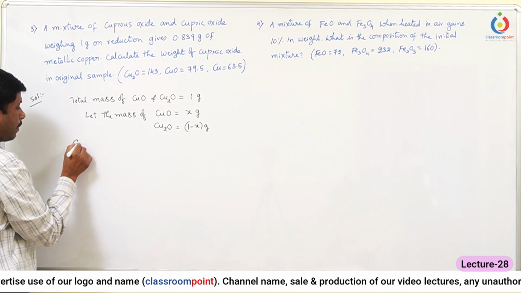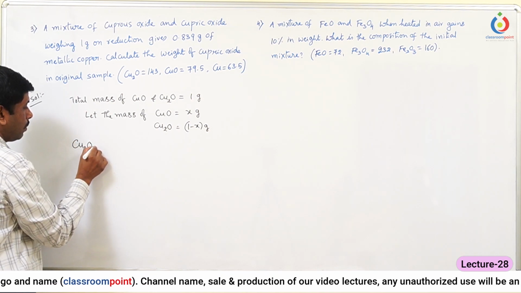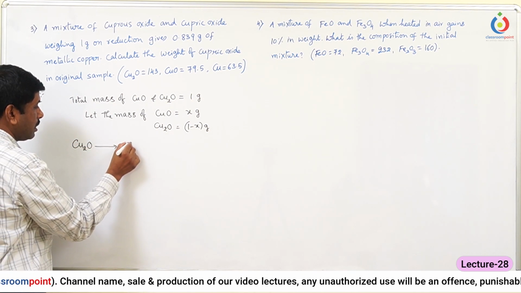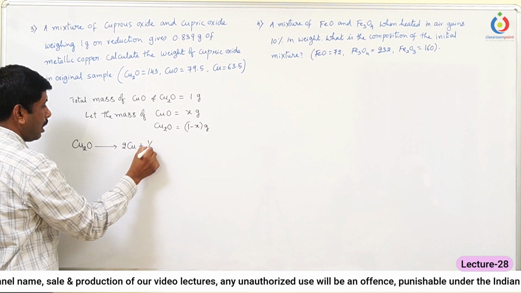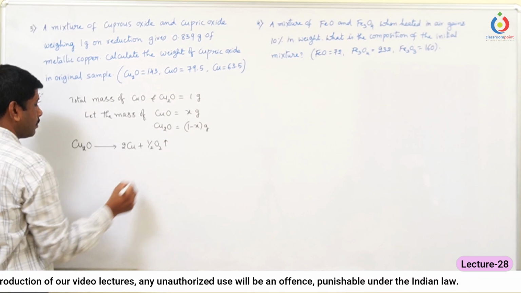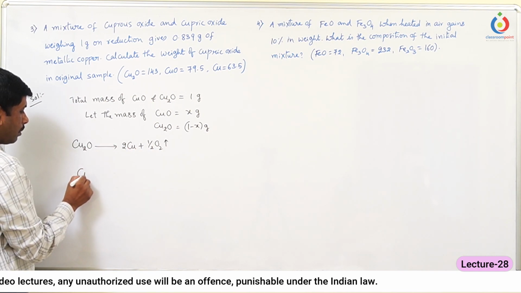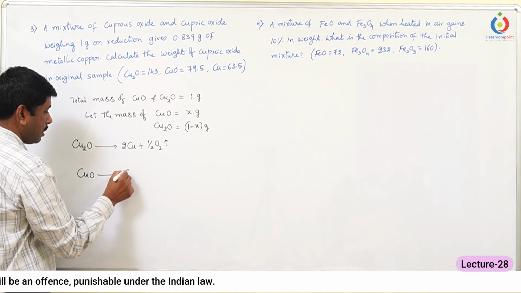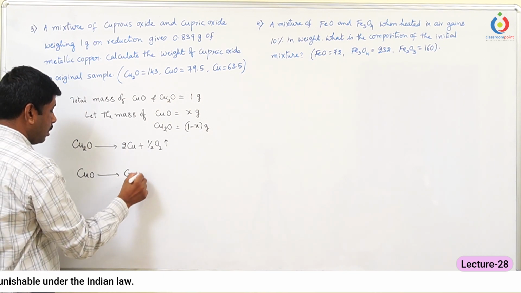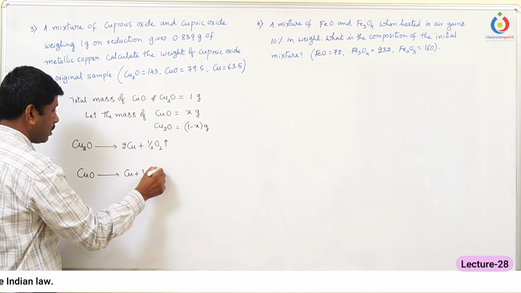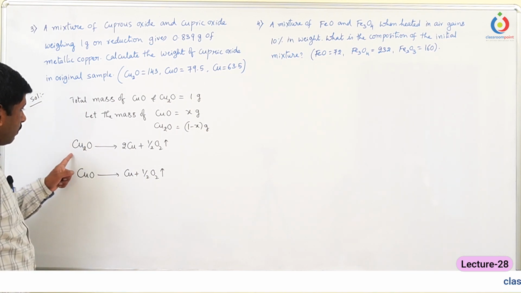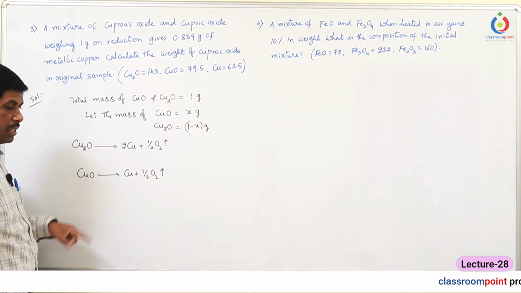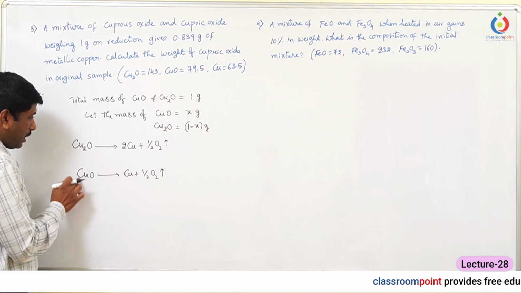So here Cu2O on reduction converts into Cu plus half mole of oxygen. Similarly, CuO, cupric oxide, also on heating or reduction gives copper plus half mole of oxygen. So in these conversions, copper is conserved completely, meaning copper is not changing.